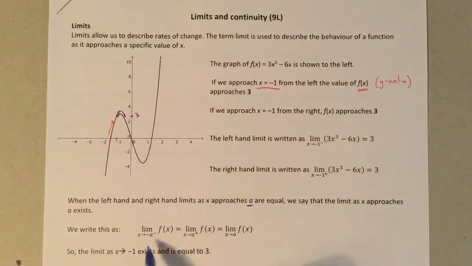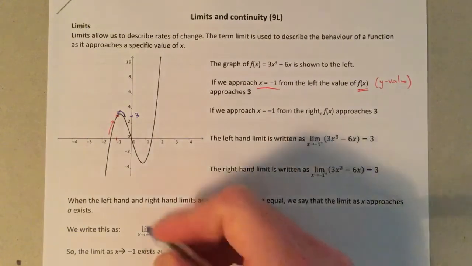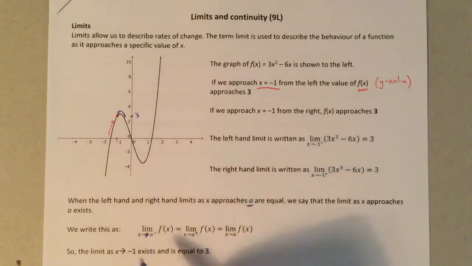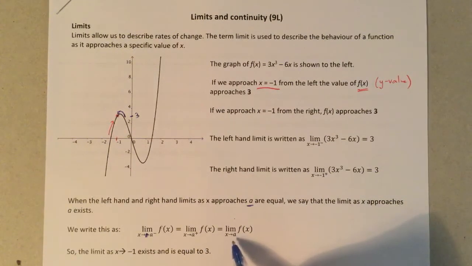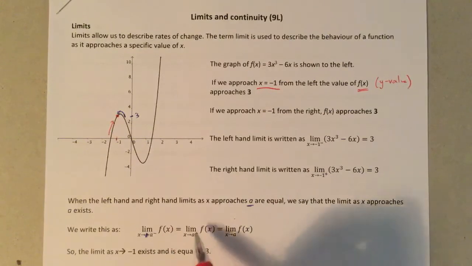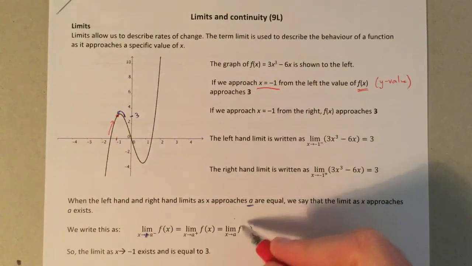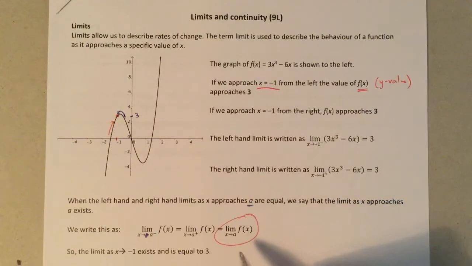And we write that as: if the limit as x approaches a from the negative direction of f of x is equal to the limit as x approaches a from the positive direction of f of x, then that will just be the limit as x approaches a of the function f of x. You can use these little minus and plus symbols to talk about coming from the left-hand side and from the right-hand side, but the vast majority of the time you're going to use this notation to represent limits.